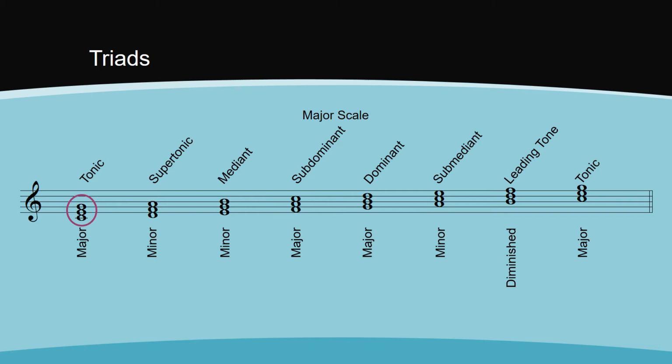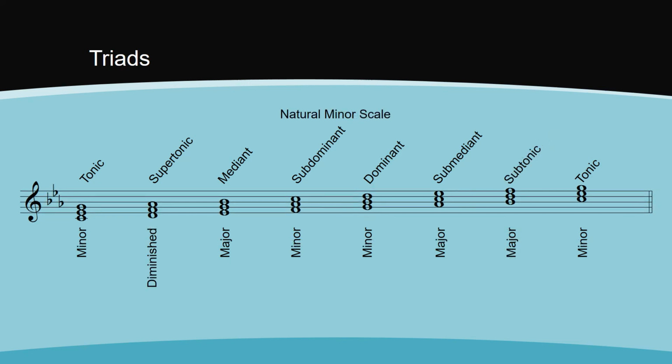The triad built on the dominant of the scale is called the Dominant Triad. The quality of each triad built on each scale degree of any major scale will be the same. For example, the Tonic Triad will always be major in any major scale. All 3 versions of the minor scale have their own associated qualities as well.